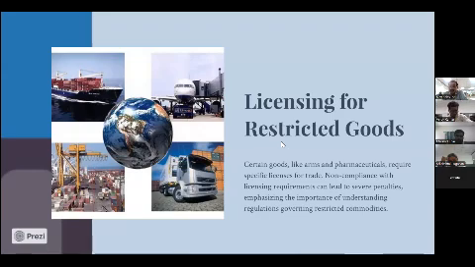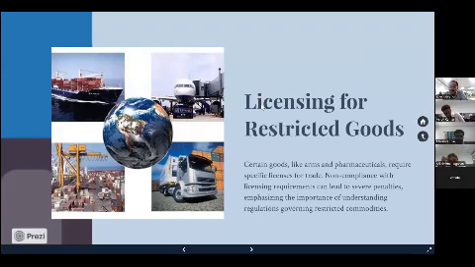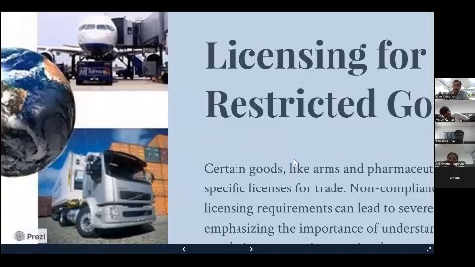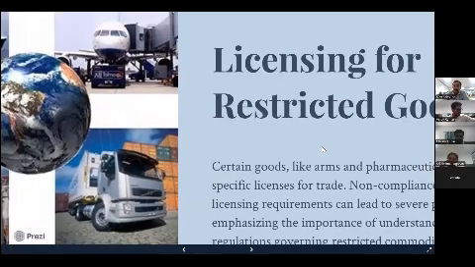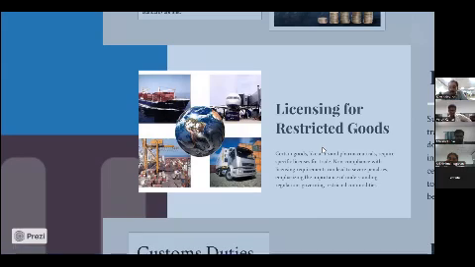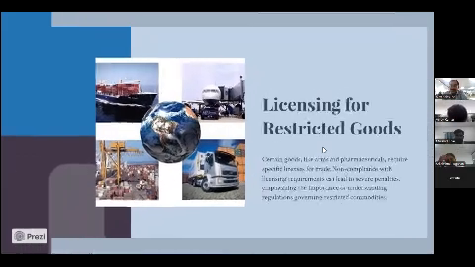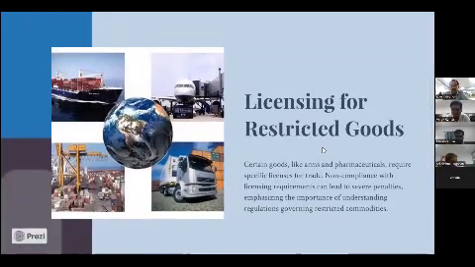Non-compliance with licensing requirements can lead to severe penalties, emphasizing the importance of understanding regulations governing restricted commodities. They will also specify in the license what products we can sell or export to those countries. They will specifically mention it in the list. So according to that only we have to follow the rules.